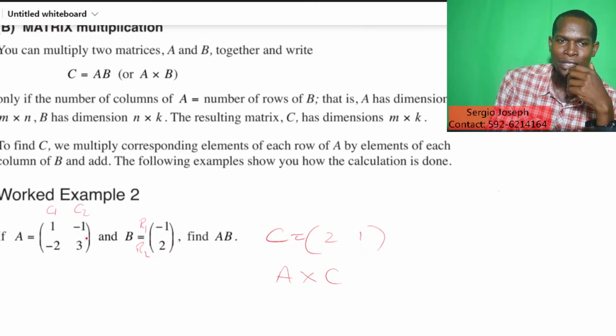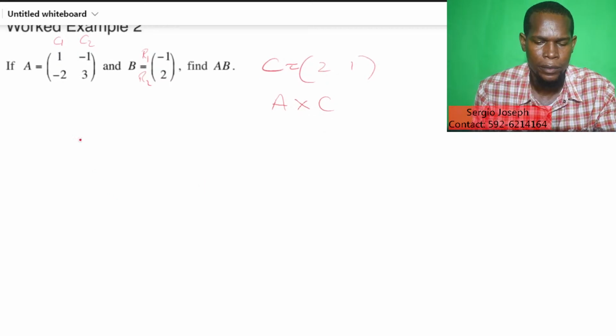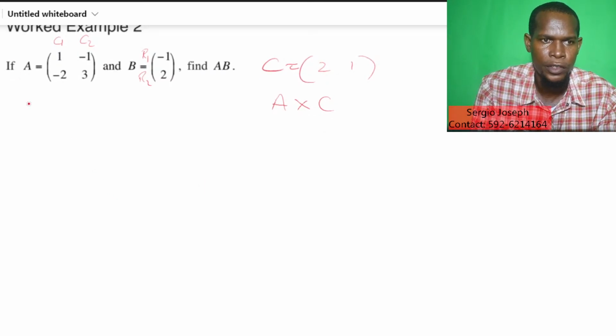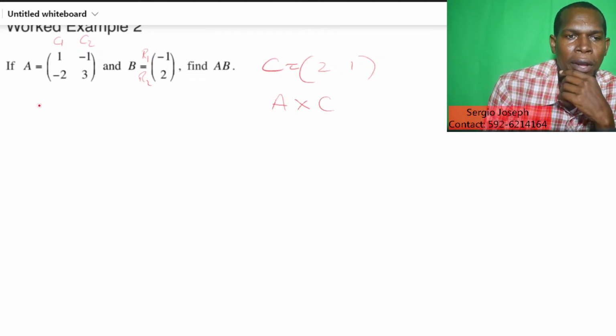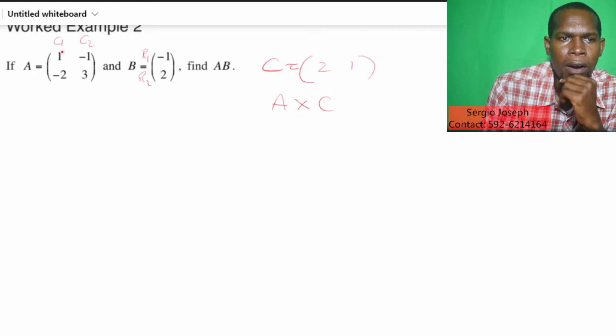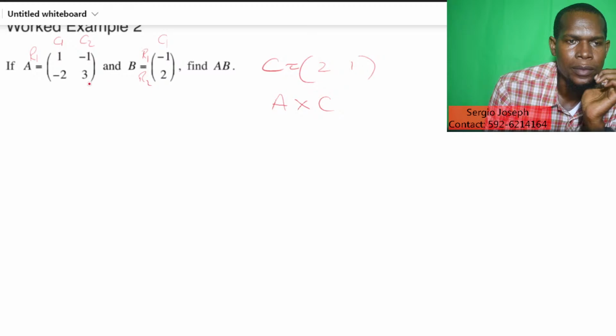Let's multiply matrix A and matrix B in this example. How do we actually go about doing this? You multiply row by column. So let's go through this first. Ready?